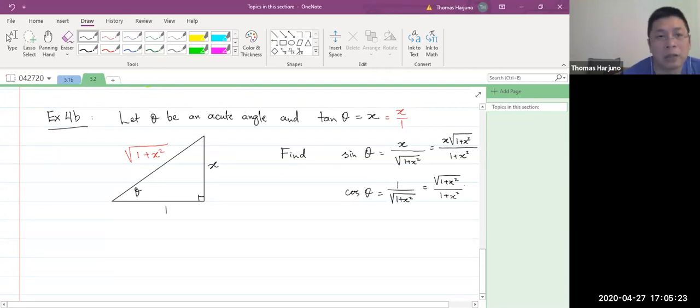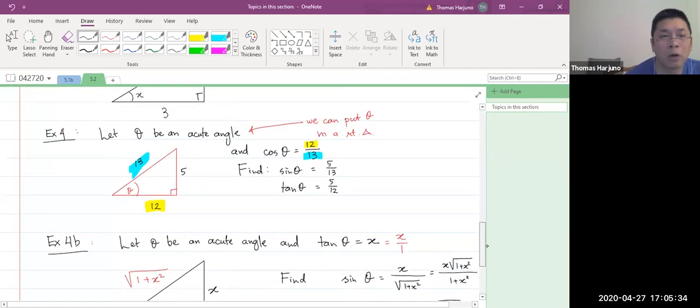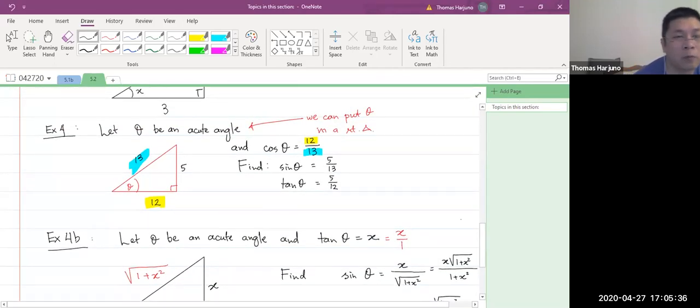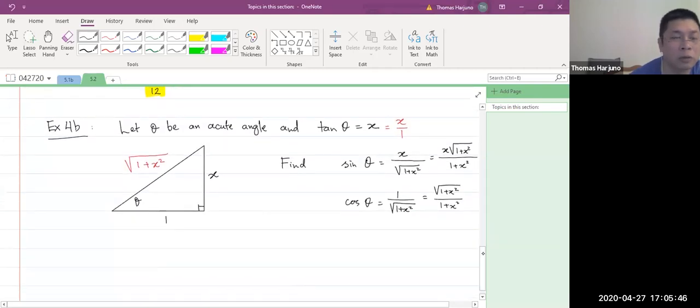Now that's if we know that tangent theta is equal to x and theta is an acute angle. Example 4 is the type of question that you see in lower level trigonometry, when you take a trigonometry class. But once you get to precalculus, the type of question you encounter should be something like example 4b.